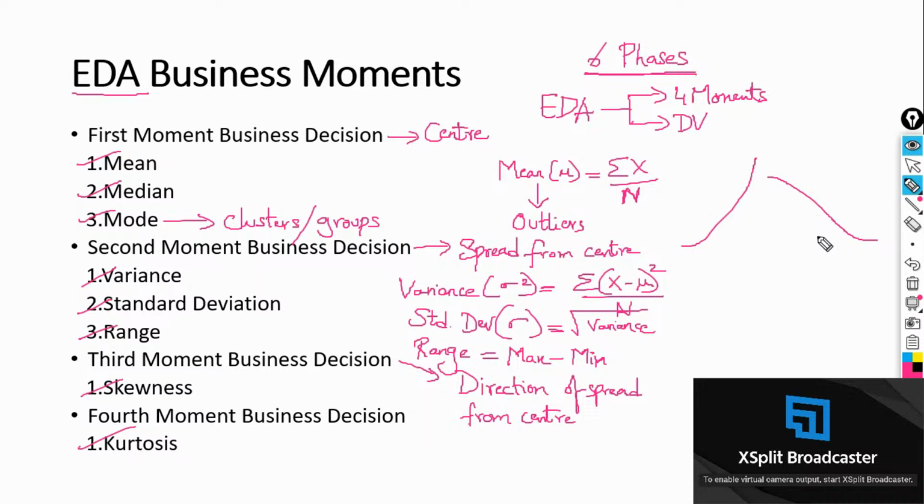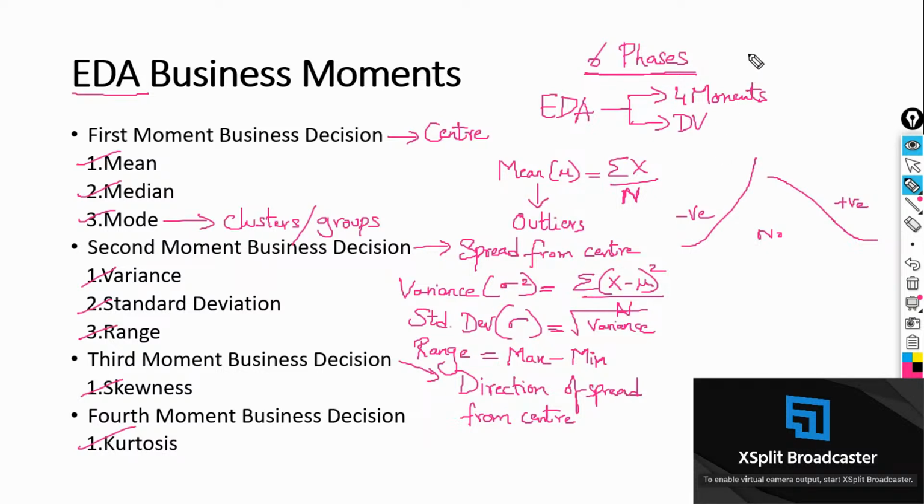What is the formula for skewness? The different types we have are negative skewness, positive skewness, and no skewness. I'll talk about all this.